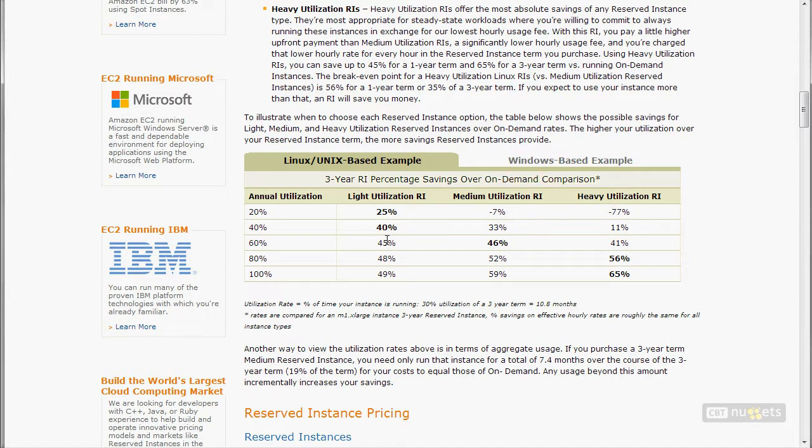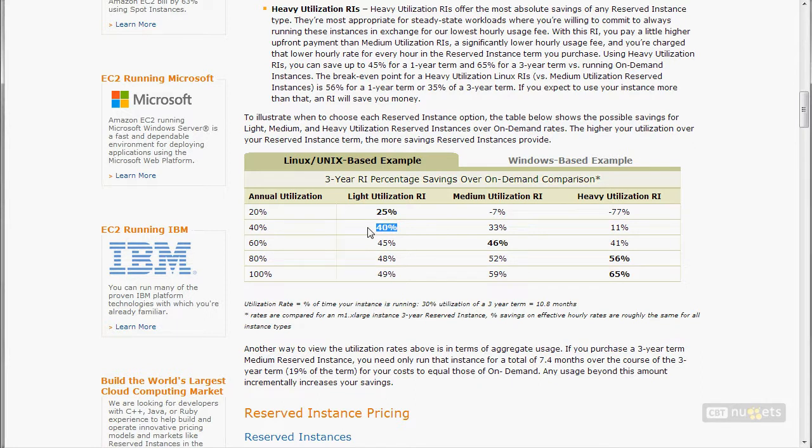Now you might be looking at this going, well, wait, Jeremy, it seems like your cost savings is going up. Like you can't lose compared to on-demand with a light instance, whereas it looks like with the medium instance you can lose. Well, what they're putting in bold here is where you get the best bang for your buck.